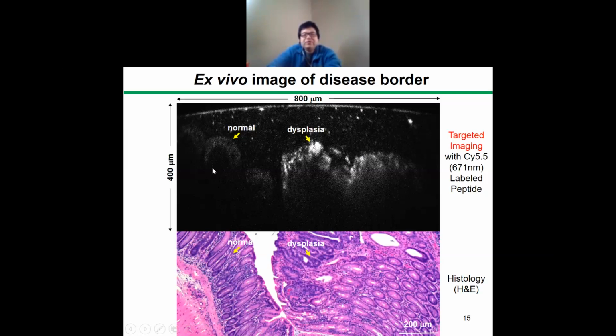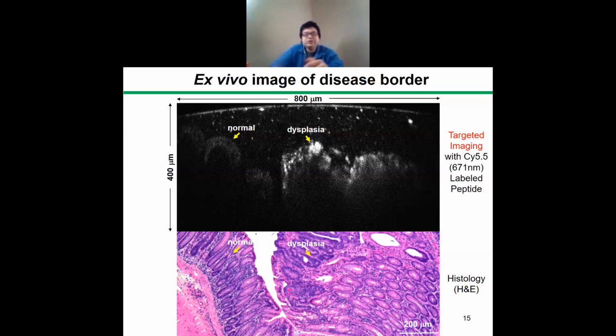In the normal area you get a very dim signal because the binding is less. The targeting agent binds to the tumor area a lot, so you can see a very strong signal from the dysplasia area. So then you essentially get the contrast between normal and dysplasia or even tumor cancer.